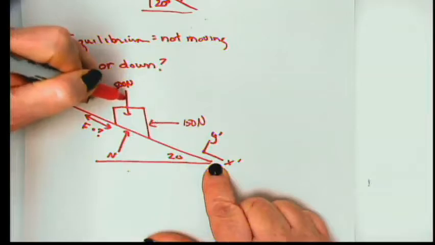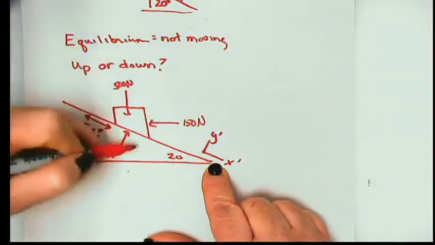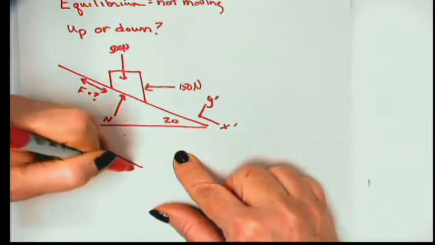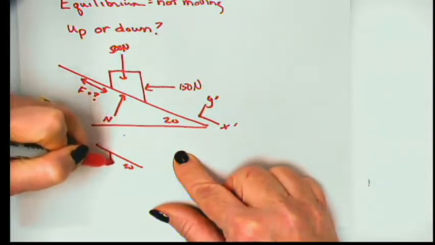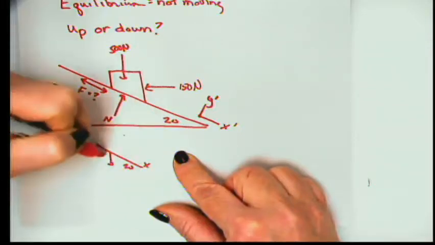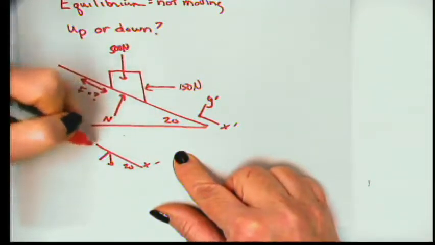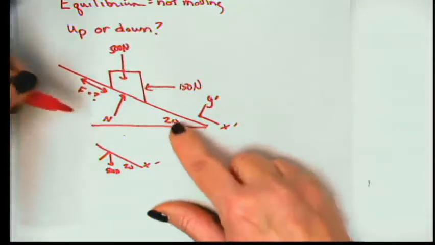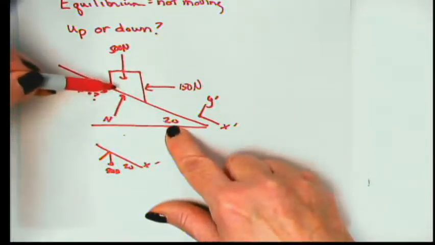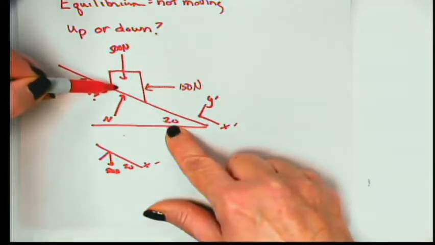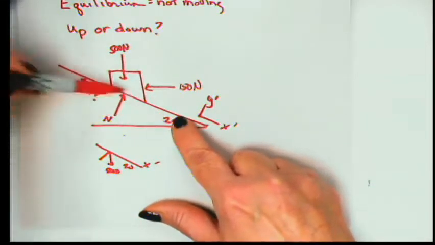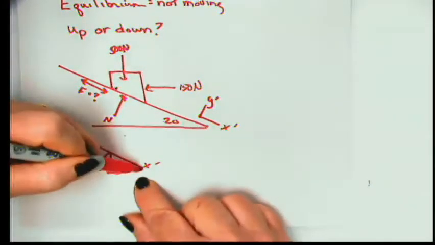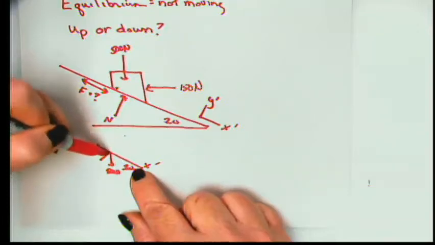We want to determine what the components are of this 500 newton force along the plane. So I'm just going to draw that. I have this, but I want to turn that into x prime and y prime. Okay, so I have 500 newtons this way. And as I said, this is perpendicular to this. This is perpendicular to this. Let me do it over here. It's a little bit better. So this is perpendicular to this.